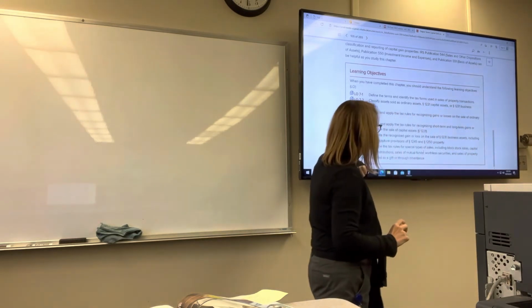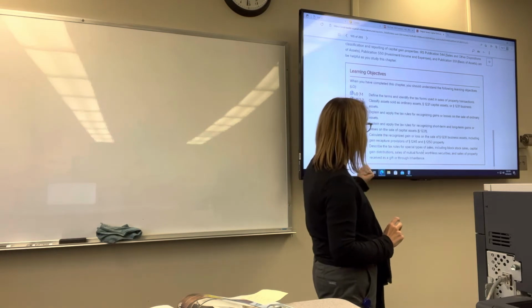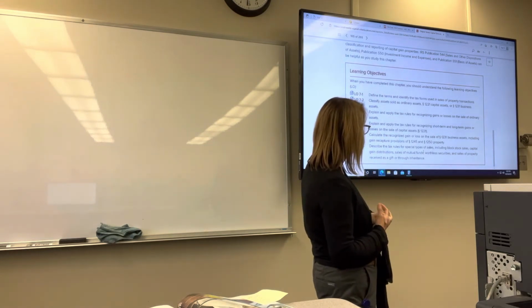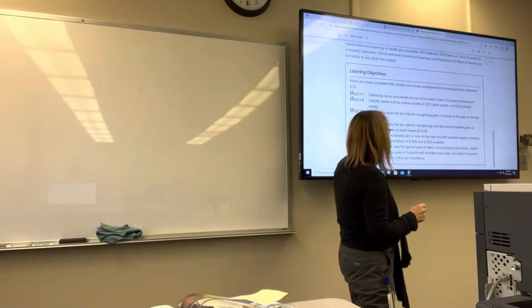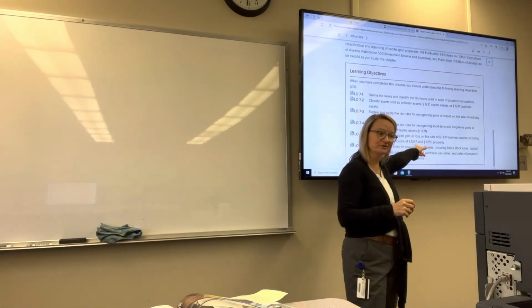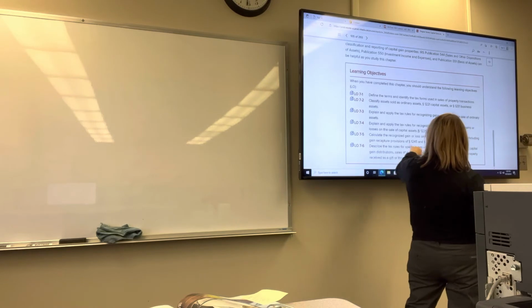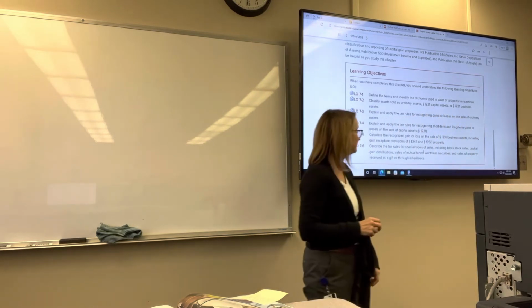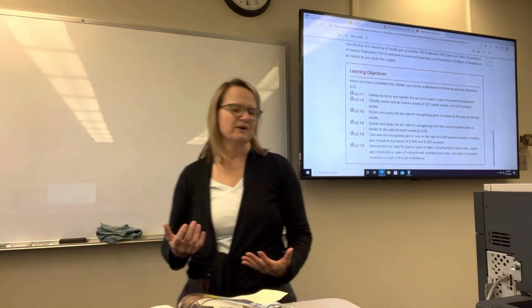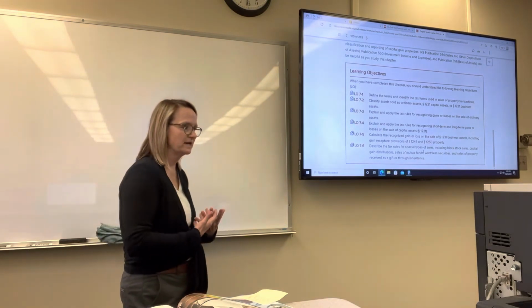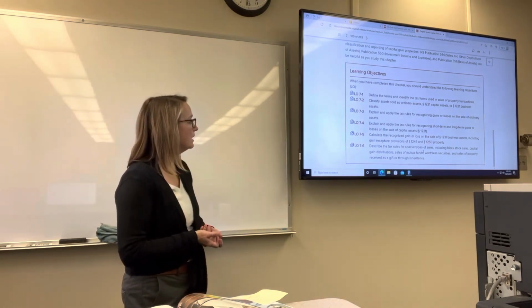Next learning objective, we're going to look at those business assets, the 1231 business assets, and including, again, here's more code sections for you, gains and losses, recapture provisions of 1245 and 1250 property. We'll define what those types of property are.